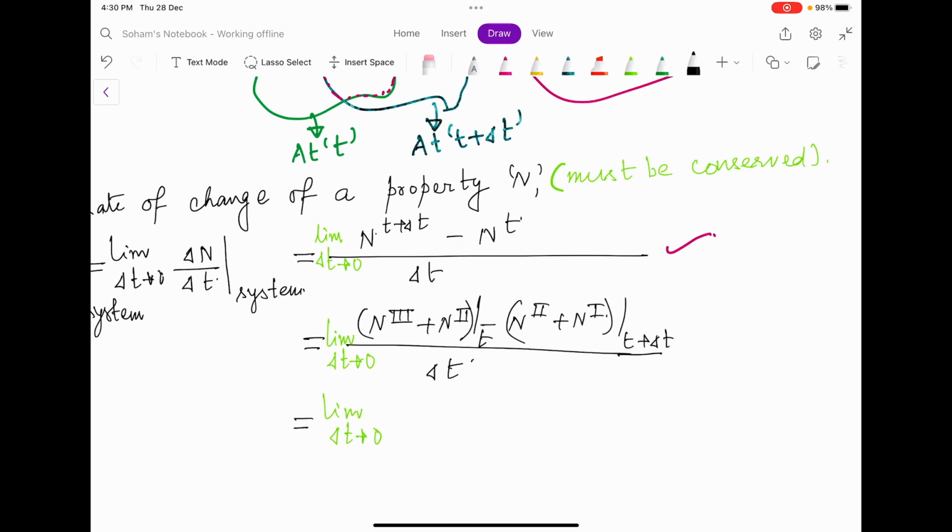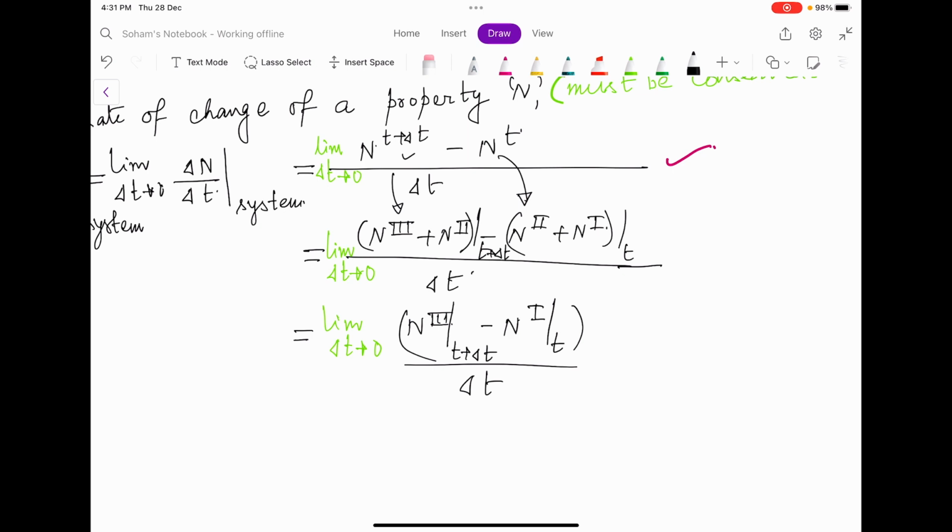Again another mistake, sorry, I apologize for these mistakes. This is the t plus delta t part and this is the t part. So that will be N of 3 at t plus delta t, minus N of 1 at t, right? This by delta t.